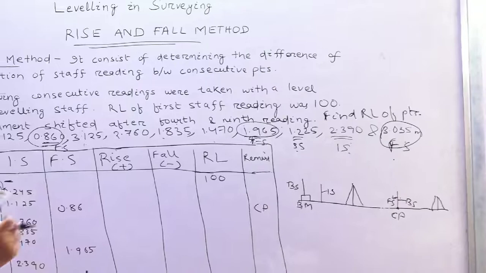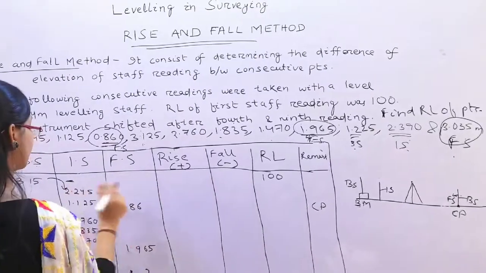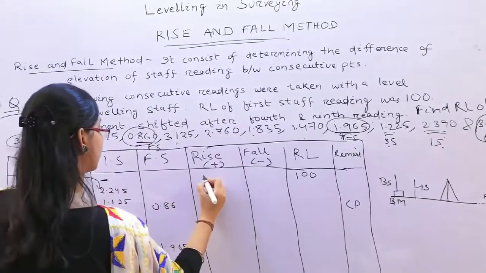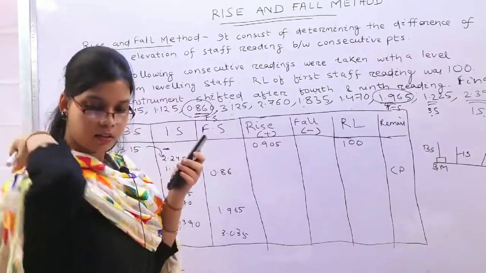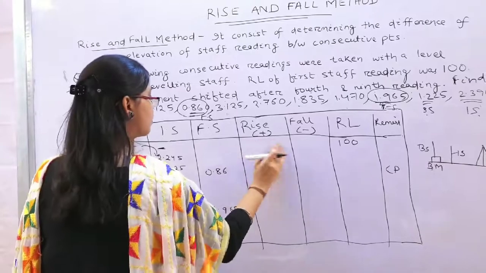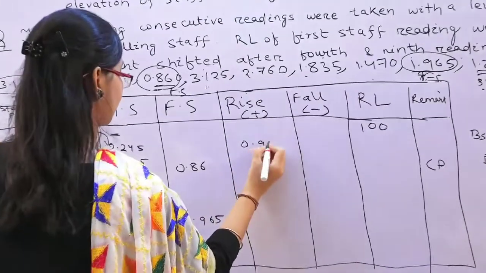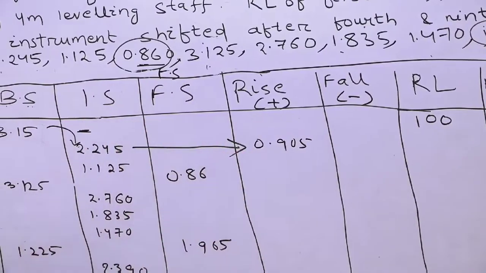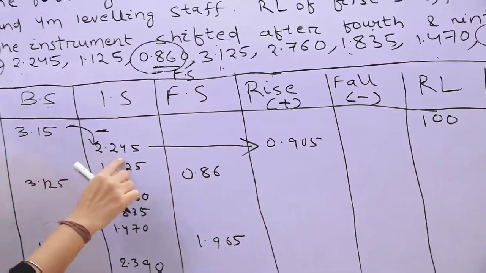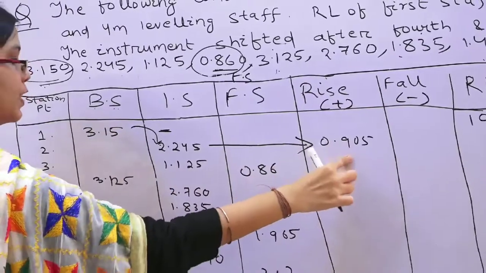Value 0.9, we write down here. 3.15 minus 2.245 will get 0.905.